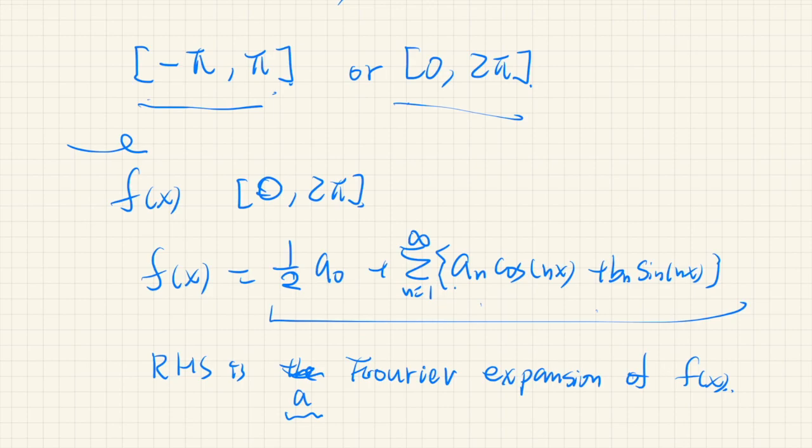Here, one important question is: if we are given this function f of x, and we know that it can be expanded as a Fourier series like this, then how can we determine those coefficients? That's the next question. So let's find out.